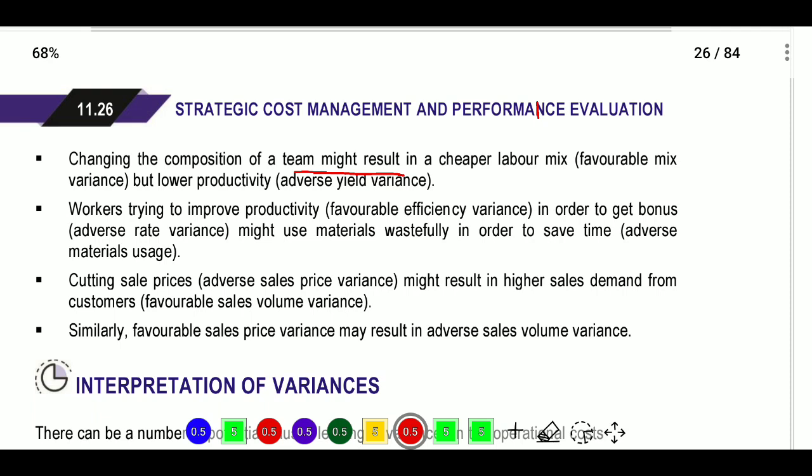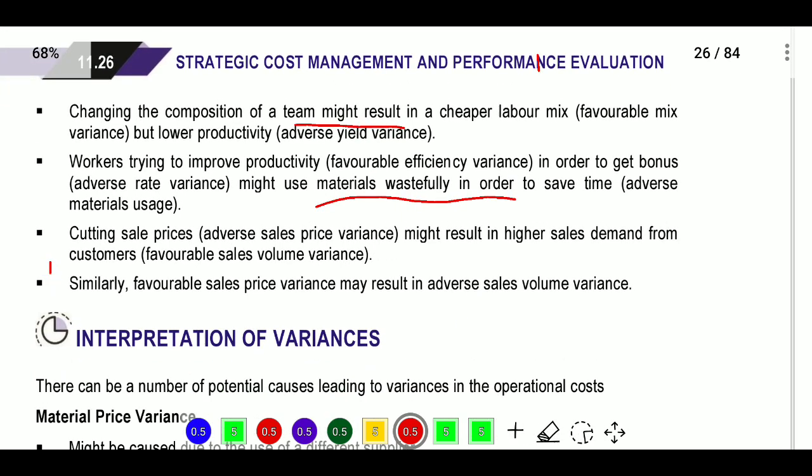Next, workers trying to improve productivity in order to get a bonus might use material wastefully in order to save time. They will use a large quantity, and if some waste comes, they will throw it out and not reuse it, because reusing is time consuming and they will not get more bonus.